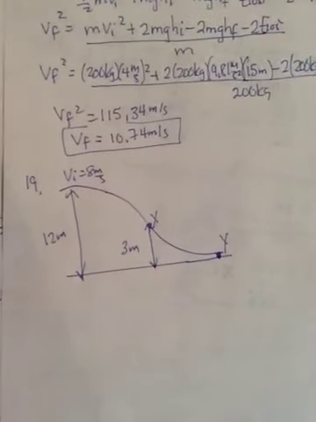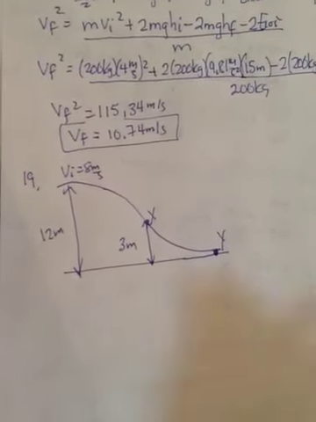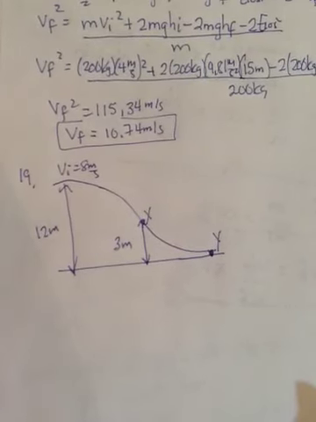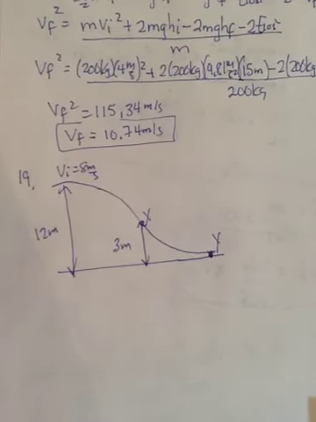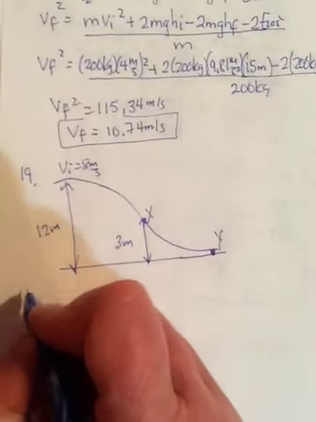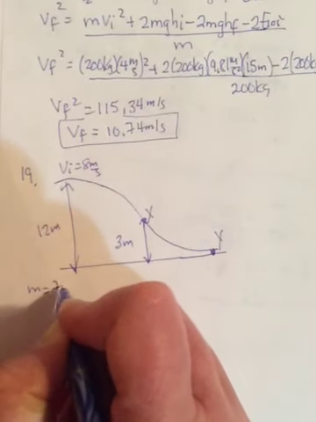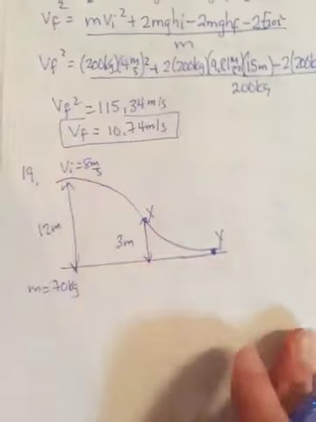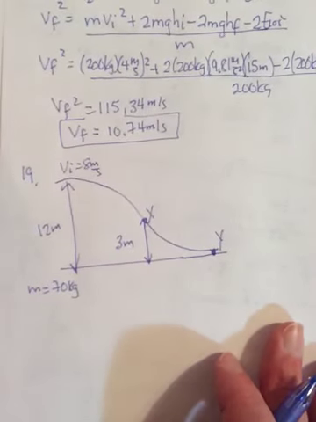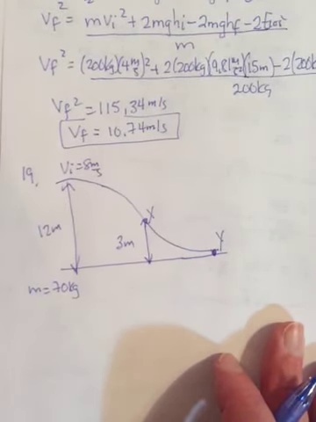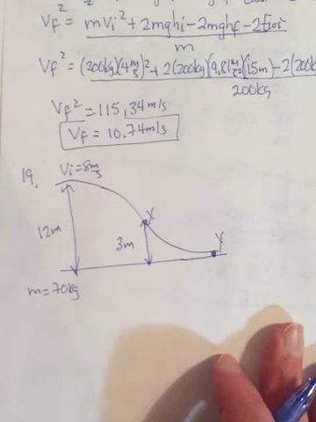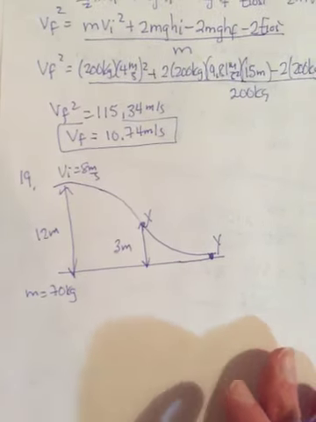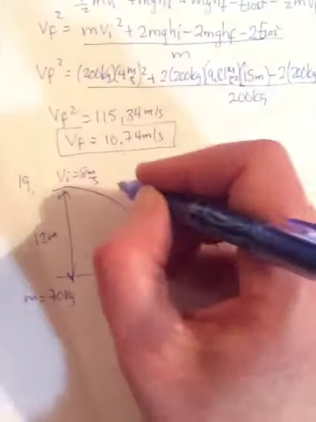And so number 19 says, a sled at the top of a snowy hill is moving forward 8 meters per second. Height of the hill is 12 meters. Total mass of the sled and rider is 70 kilograms. And it wants to know, determine the speed at X, which is 3 meters above the ground, if the sled does 1.22 times 10 to the third joules of work.